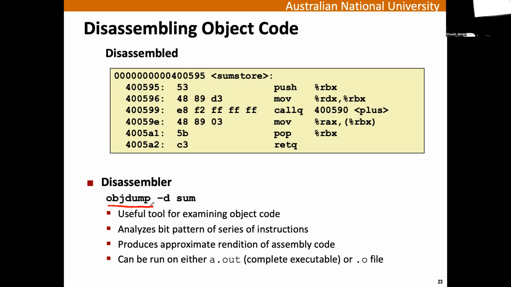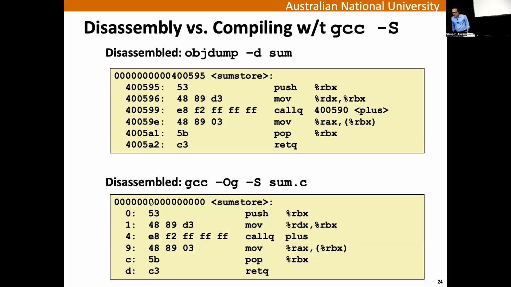Now I want you to focus and tell me, the one above is disassembly of an object code that I first created the executable and then disassembled. The second one is with GCC minus capital S. Tell me all the differences that you notice.